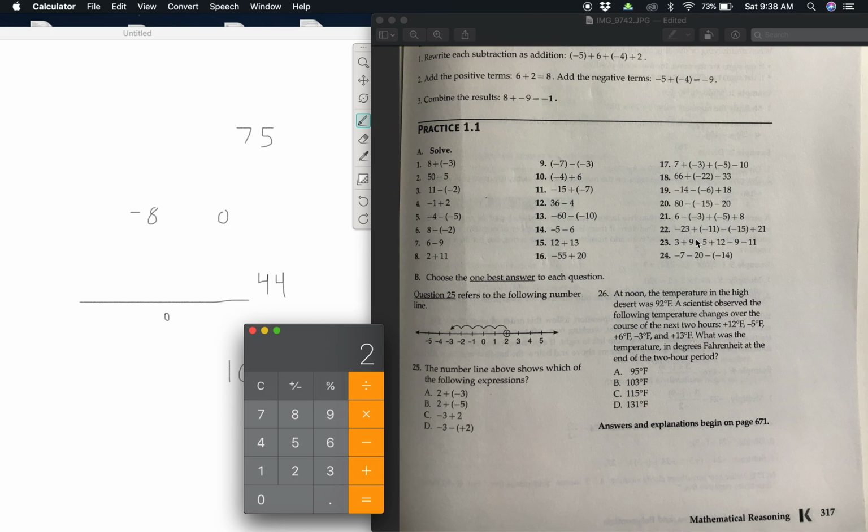Number 22 is 2. Okay, number 23, 3 plus 9 is 12. Minus 5 is 7. Plus 12, 19. Let's do this again, I'm kind of forgetting as I'm talking. 3 plus 9 is 12. Minus 5, I'm going to write these down. Minus 5 is 7.